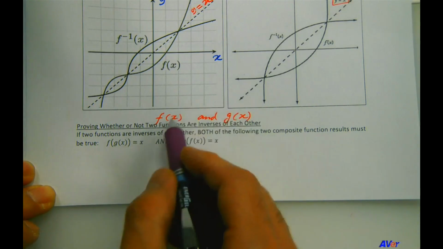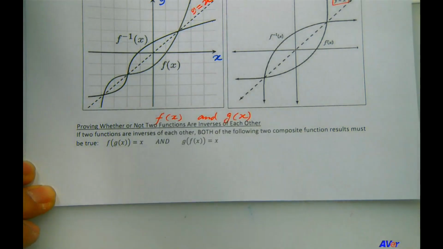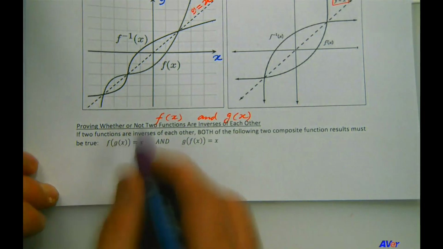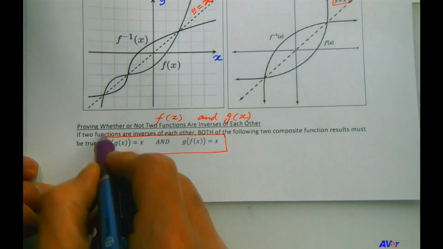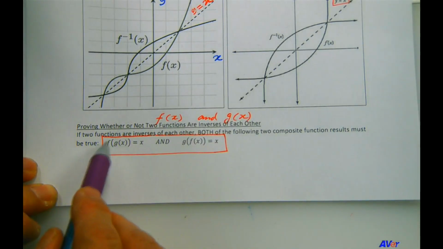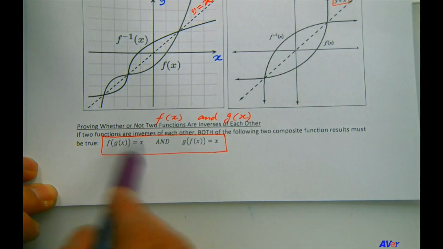Well, we take the composition of these two functions in both directions, not just in one direction, in both directions. So this what you see here at the bottom is critical. So we take the composition of f and g in this direction, and we should end up with x.